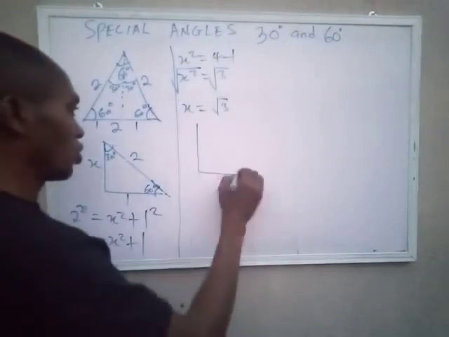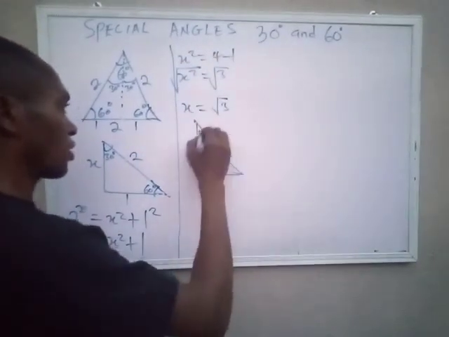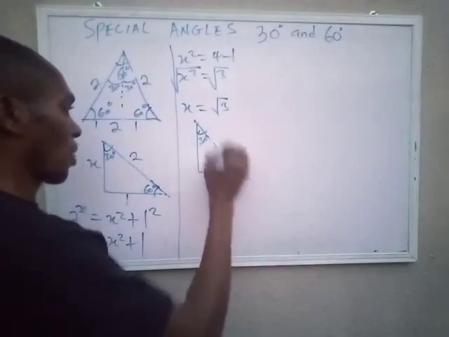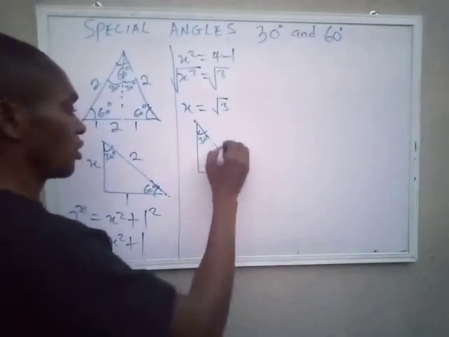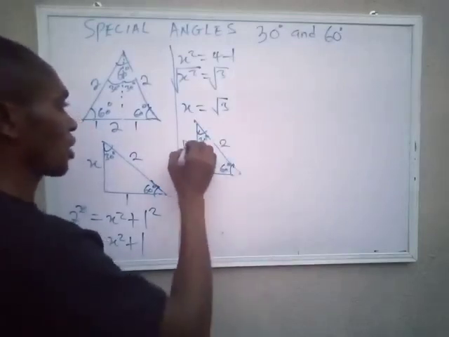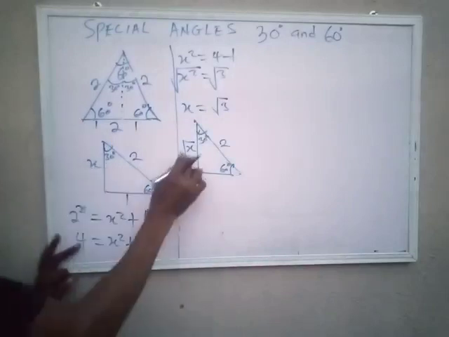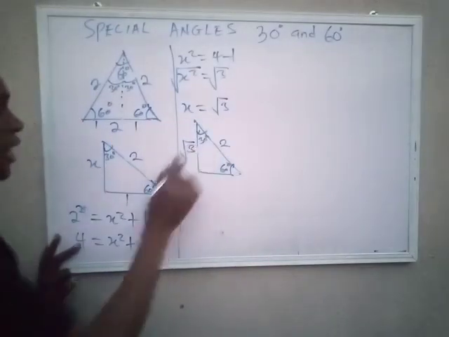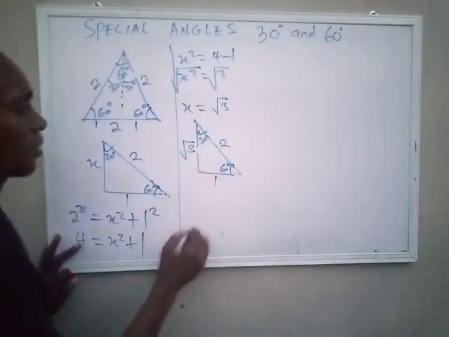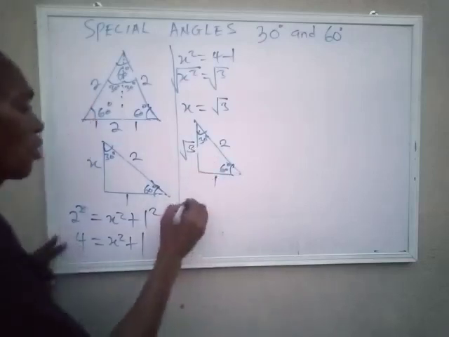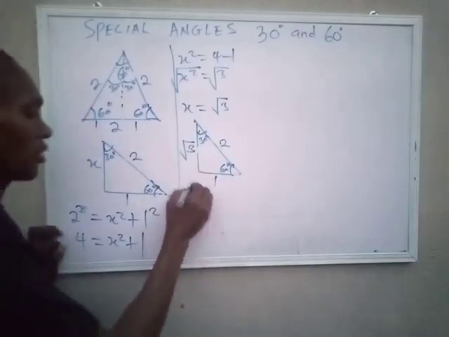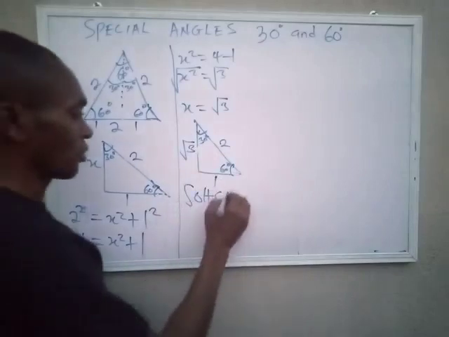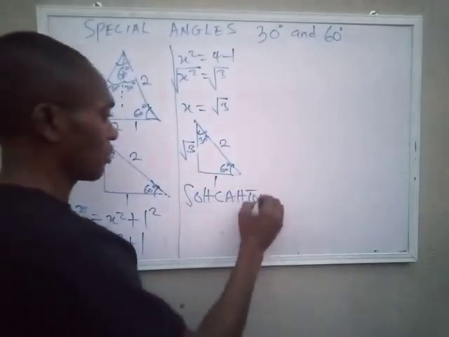So we'll now have the new shape like this. This is 30 degrees. This is 60 degrees. This is 2. This is root 3 for x. We also have here as 1. So if you're asked to look for sine, don't forget we can use this acronym SOHCAHTOA.